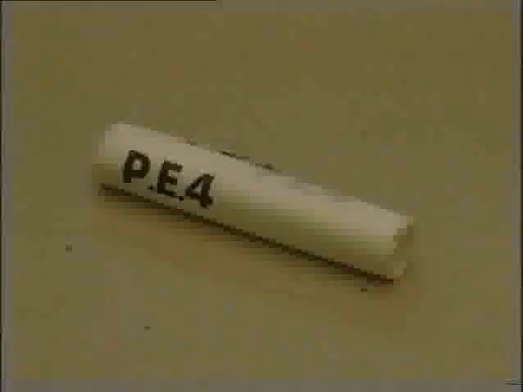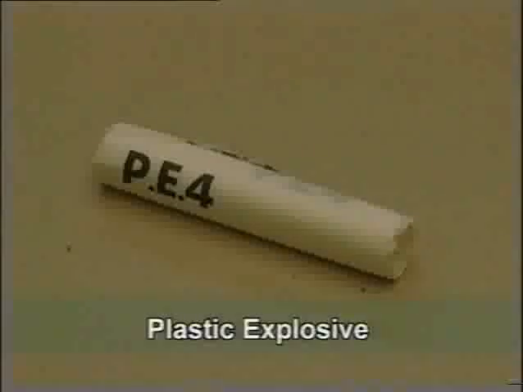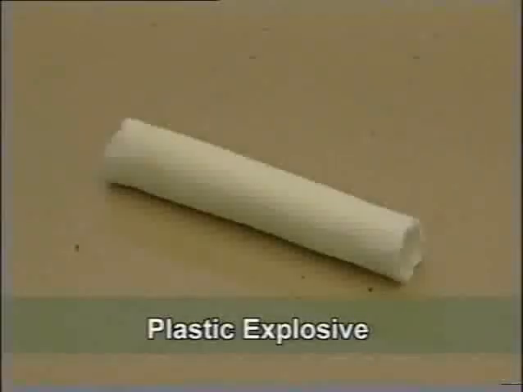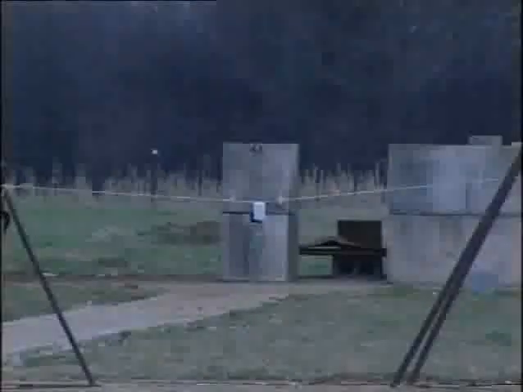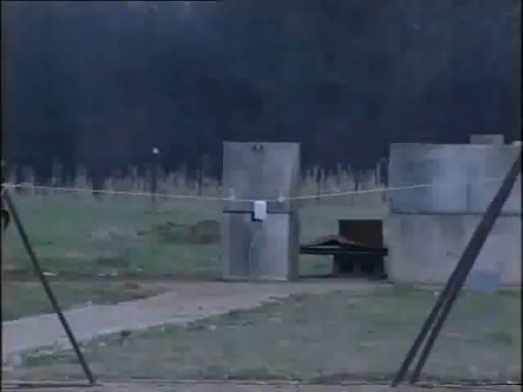That's our military plastic explosive. It's called PE4, plastic explosive number 4, and it contains 88% by weight of RDX. The rest of it is wax, and the wax is there to desensitize it, to make it safe to handle and store, and also to make it waxy and mouldable, like putty, so that it can be pressed into things and moulded into shapes.